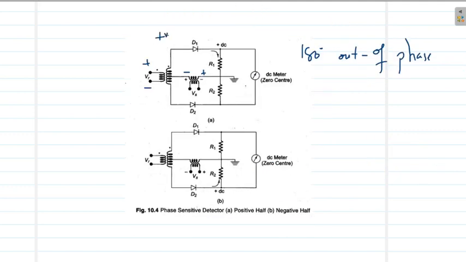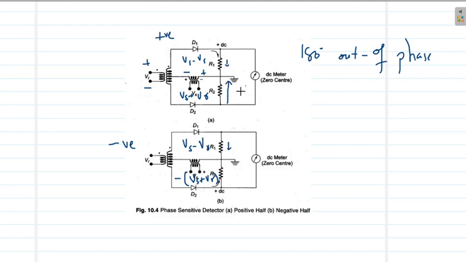During the positive half cycle, Vs plus Vr voltage will be developed here and Vs minus Vr will be developed here in the upper half. And during the negative half cycle, a minus of Vs plus Vr will be developed here, leading to no current along this lower half, and again a Vs minus Vr in the upper half, leading to a small current.